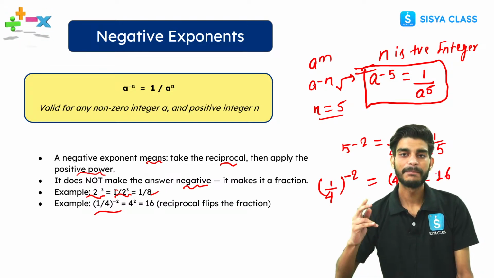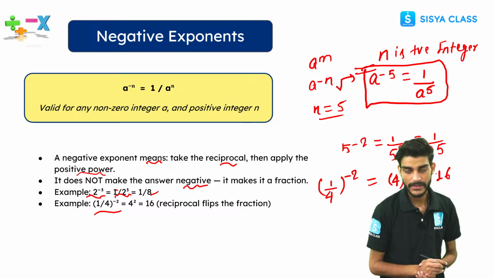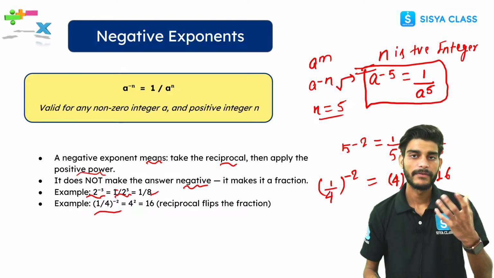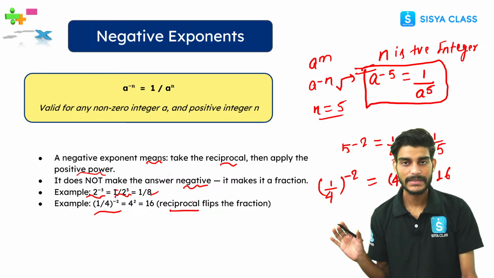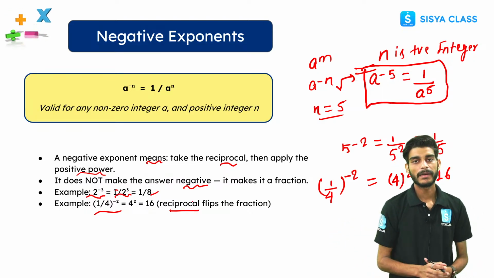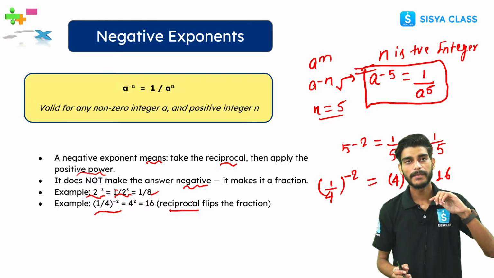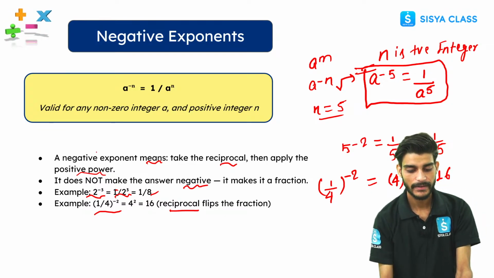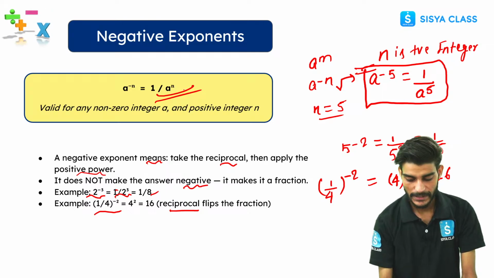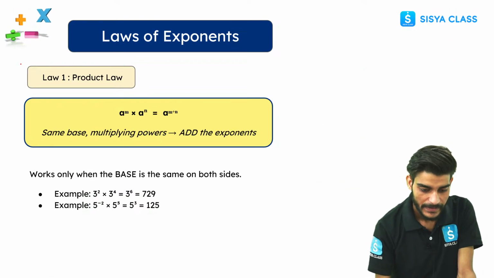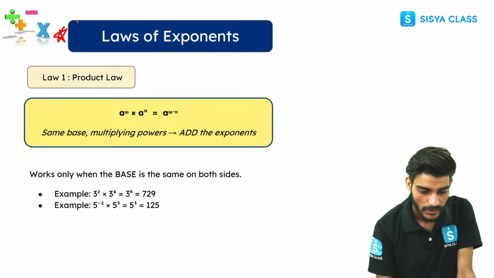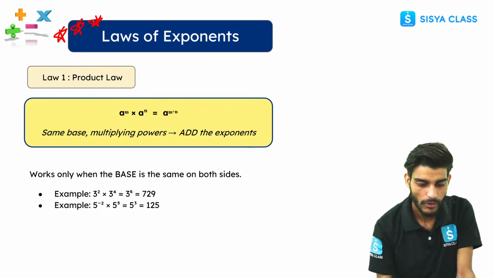So just flip the fraction. If you have negative powers, you can simply flip the fraction. Very simple. So negative exponents is clear to you. A raised to the power minus n is 1 upon a raised to the power n. This one, please remember.